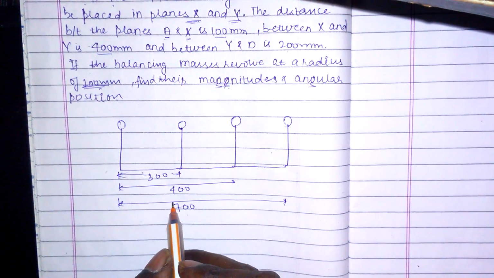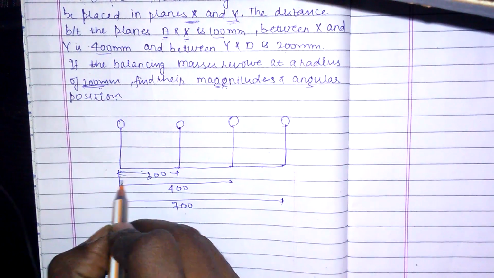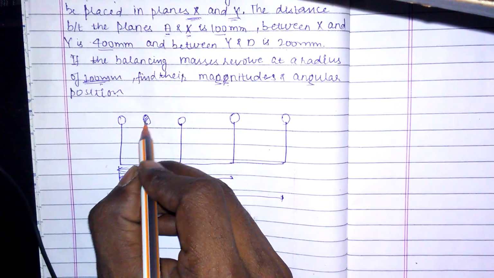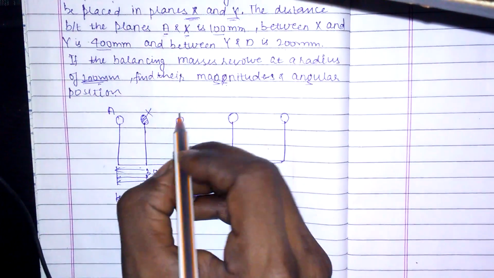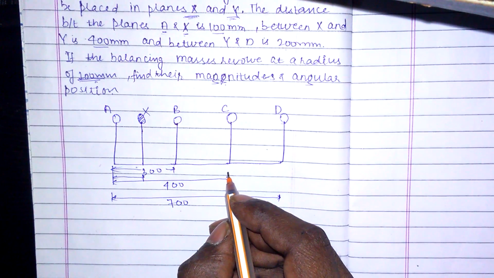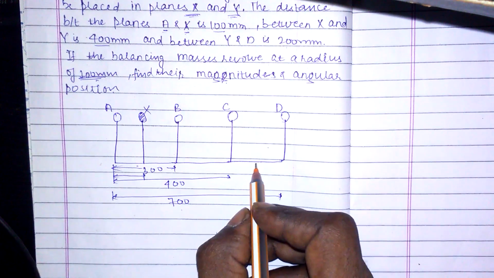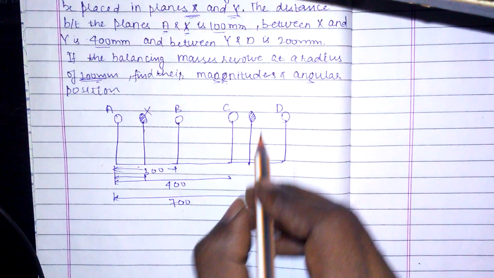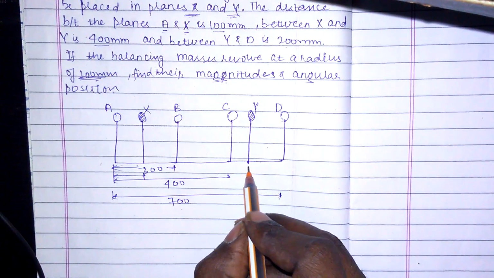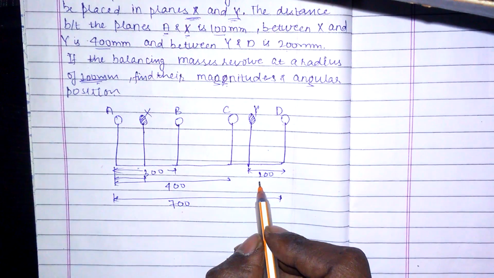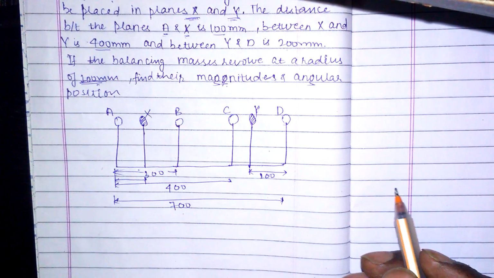Now X is 100 mm from A, so it is over here. X, A, B, C, D, and Y is at 200 mm from D, so it would be somewhere over here. Y, 200.